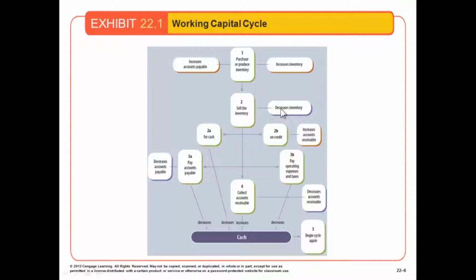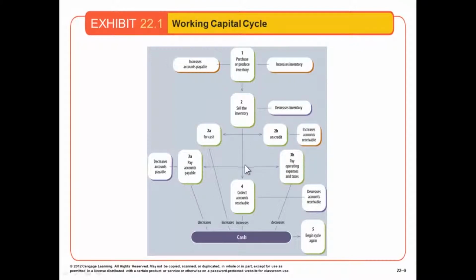Not necessarily have we collected anything yet, but we've kind of taken the first step toward it. So we've sold the inventory. Now if we collect cash for that inventory, that cash goes immediately to the cash bucket down here. If we sell it for credit, that increases our accounts receivable. We don't have any cash yet, and this really initiates a whole another set of steps to manage this activity, which we'll talk about later on in the course.